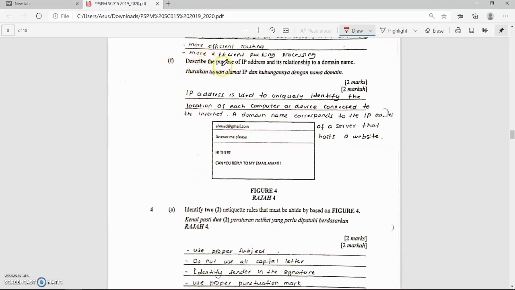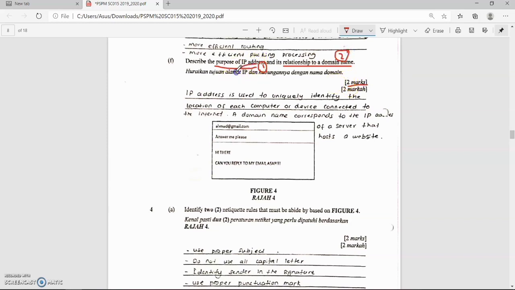F. Describe the purpose of IP address and its relationship to a domain name. If you realize or not, we have 2 questions for this question. The first one, purpose of IP address, you must explain. Second, its relationship to a domain name. So this one 2 marks.